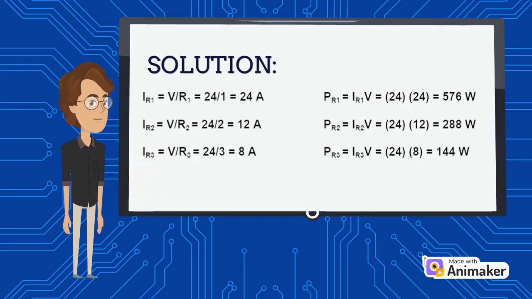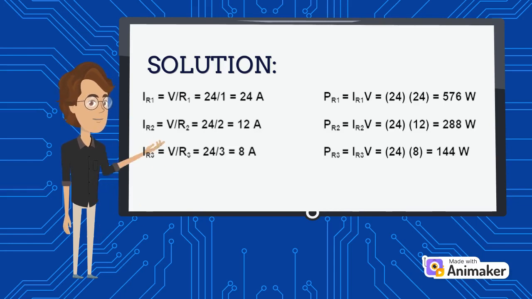For solving the current in each resistor, we can use the fundamental formula, Ohm's law, which is I equal to V over R. So for the I of R sub 1, we have V over R sub 1, which has the values of 24 volts over 1 ohm, which will give us a total current of 24 amperes.